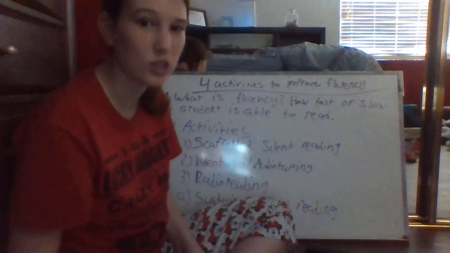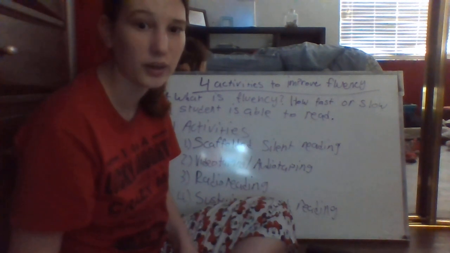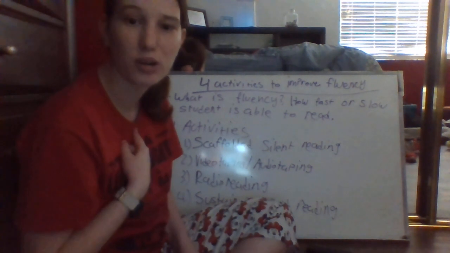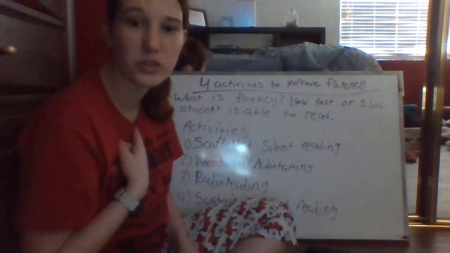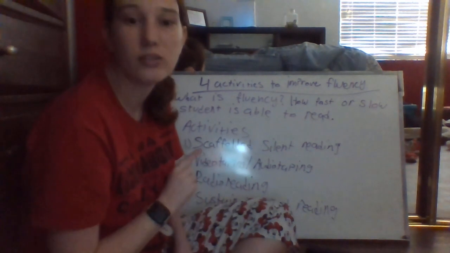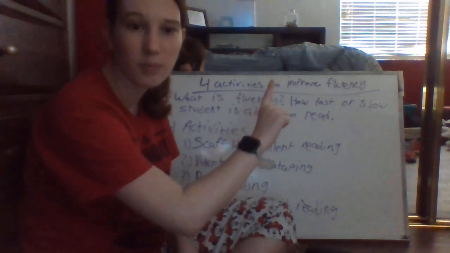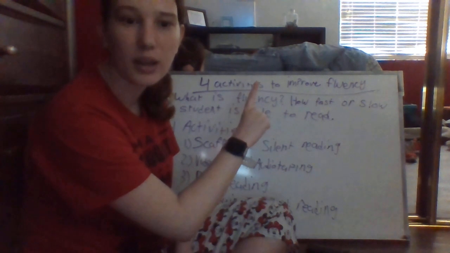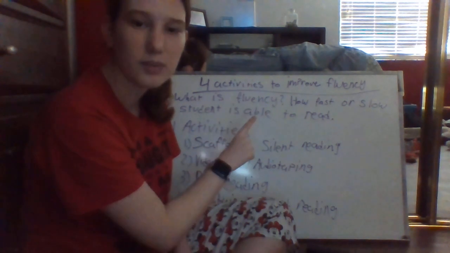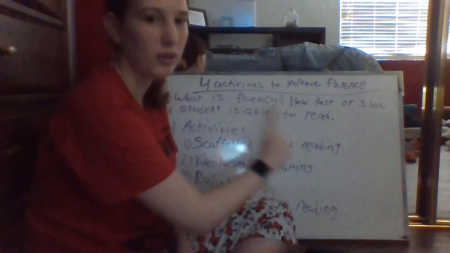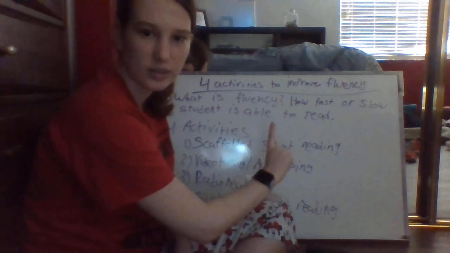And even just the teacher simply doing a modeling exercise, or even alternative reading, where the teacher will model first how the students need to read, like how fast or how slow they need to read. And again, the teacher can point out, when I see a punctuation mark, whether it's a question mark, a period, or an exclamation point, I need to stop, take a breath, and then continue reading the next sentence.